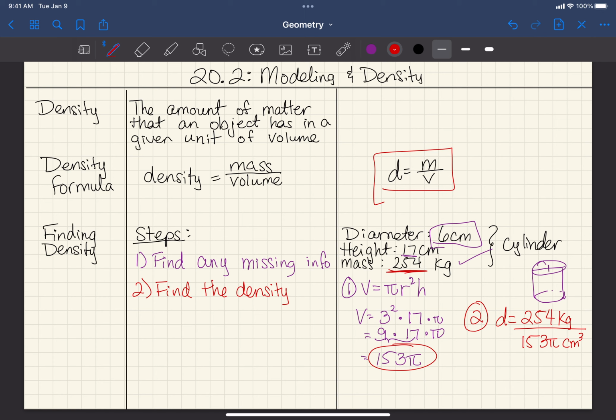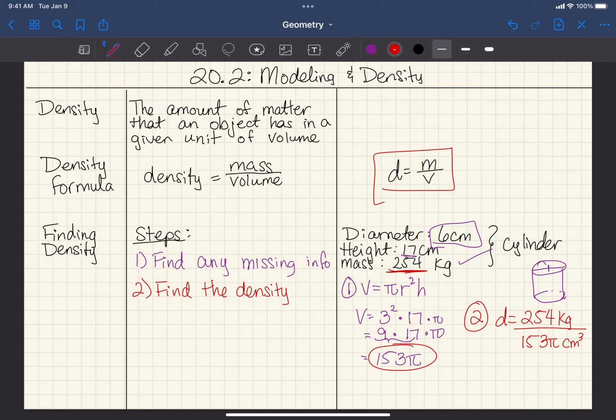So when I put it in my calculator, I'm just going to multiply using the pi key, not 3.14. So if I were to do that, it would be 254 divided by 153 times pi, and that will give me the density.